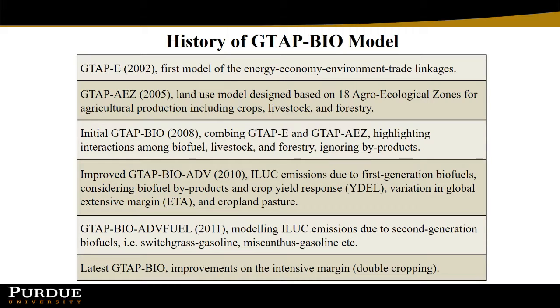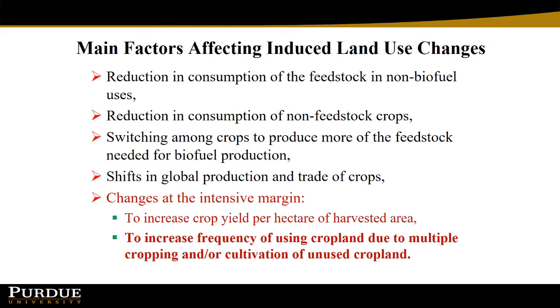Before going to that, here I have highlighted the major factors that could affect land use change when we use a model. The first one is reduction in consumption of feedstock in non-biofuel uses. For example, when we produce ethanol from corn, of course, we will see a reduction in corn consumption in the livestock industry.